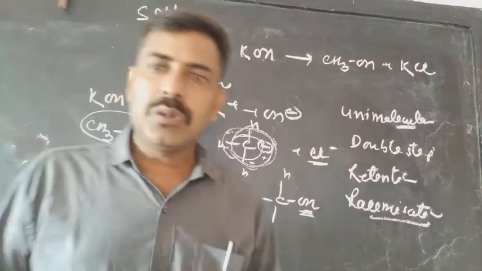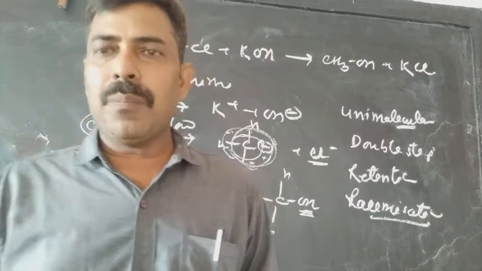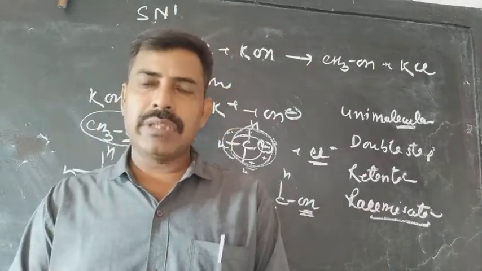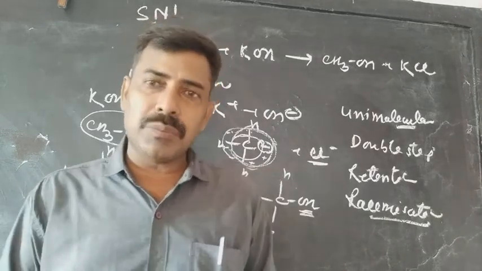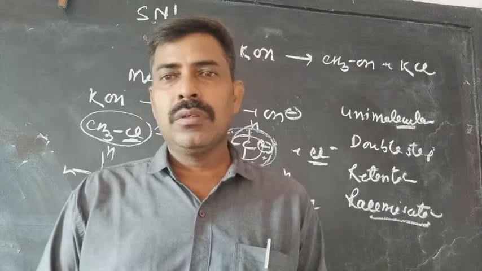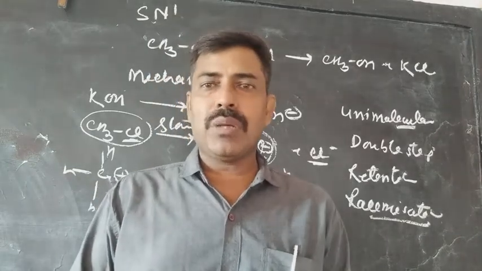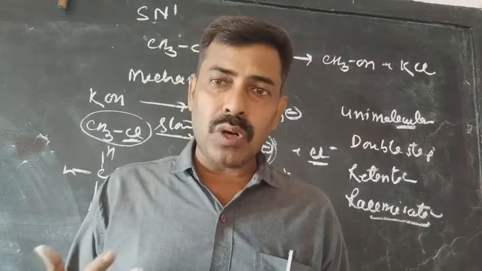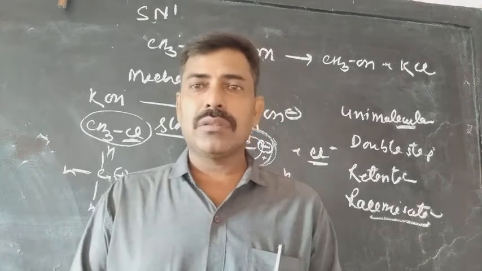Now we are going to see the rate of reaction for the SN1. In the previous one, that is the SN2 reaction, we discussed the rate of reaction, and I said that the rate of reaction can be determined on the basis of the stability of the carbocation. But there we haven't seen it on the basis of the stability of the intermediate, because the intermediate was so unstable that its stability was not determining the rate of reaction.